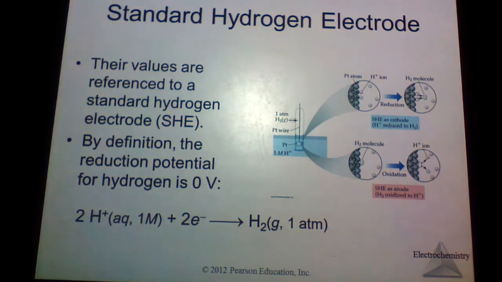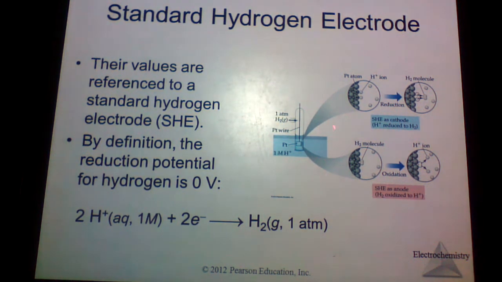What we have found when we tried to use this SHE is that it can operate as an anode, or it could operate as a cathode, meaning that it's possible to go from hydrogen gas to hydrogen ion, or it's possible to do the reverse, hydrogen ion to hydrogen gas.